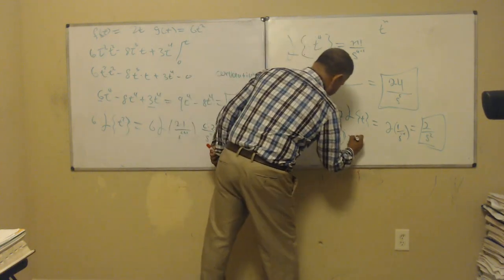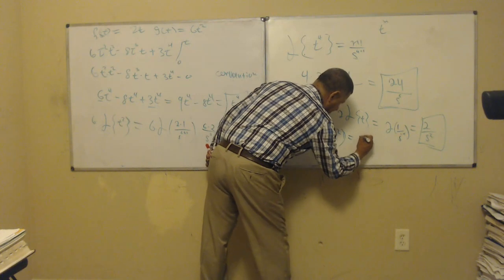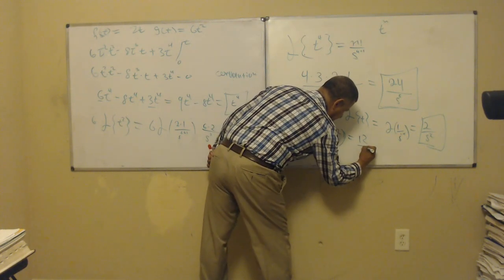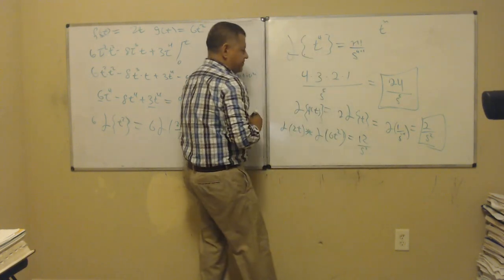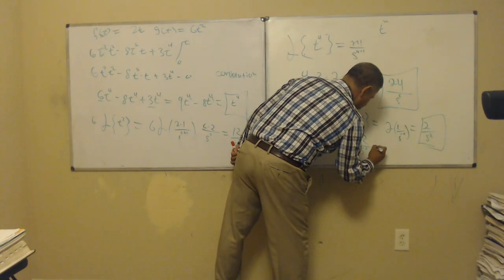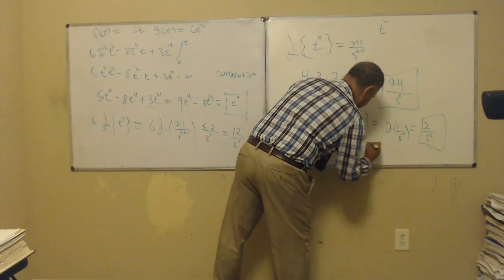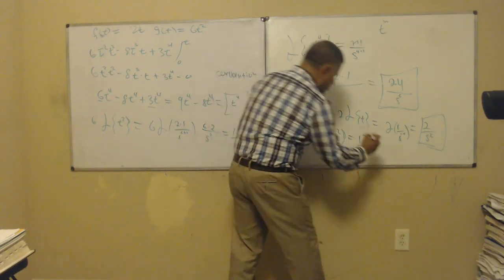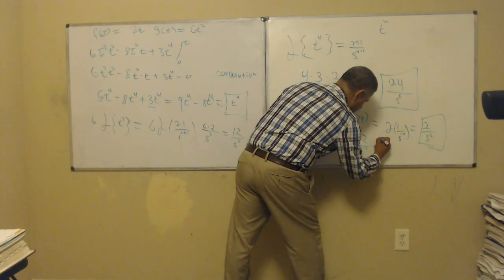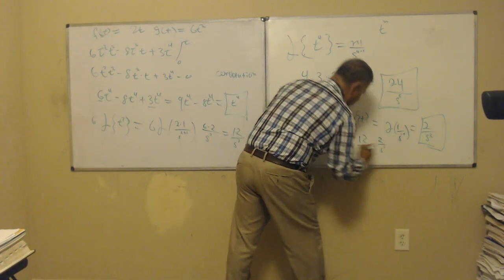We get 12 over s cubed, times 2 over s squared.